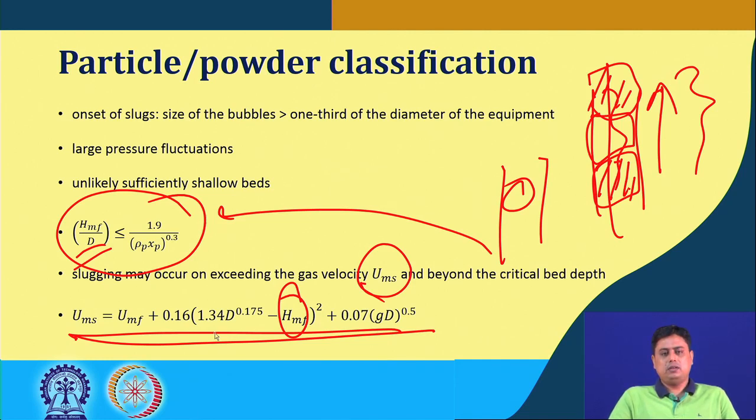So operational safety can be compromised if such pressure fluctuations happen. To avoid that, we have some conditions, some expressions, some restrictions, which if we follow, we can avoid this onset of slugs in fluidization. So you need to remember that in shallow beds, you can avoid the slugging operation or the formation of slugs.